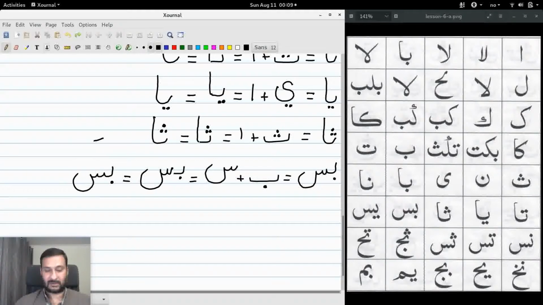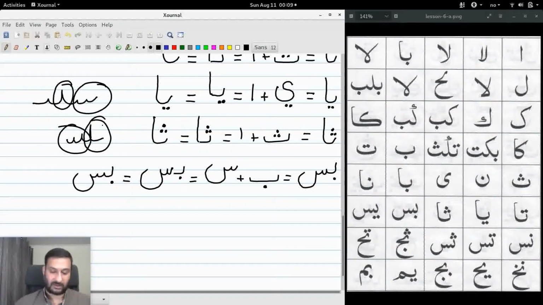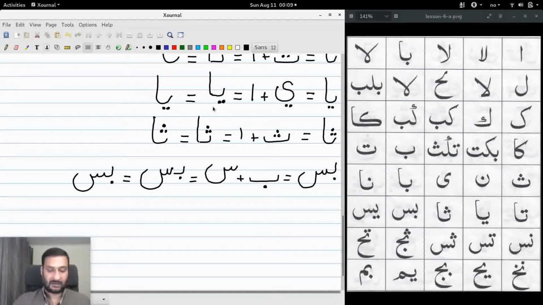Sometimes we do like this, sometimes we do like this. So you see there's a difference of height between one part and the other part, just to make sure that these two parts are different from each other, so it's easier to recognize. In the same way it is done here, basin.